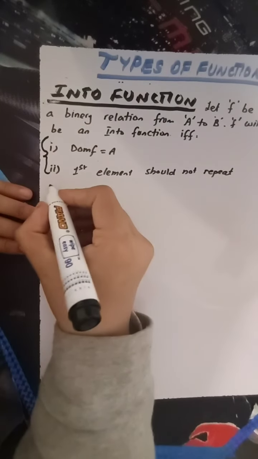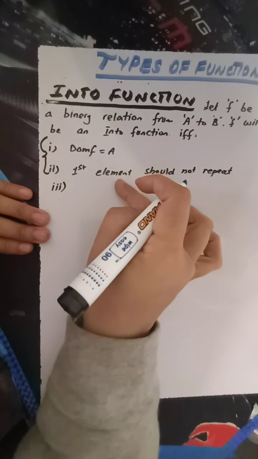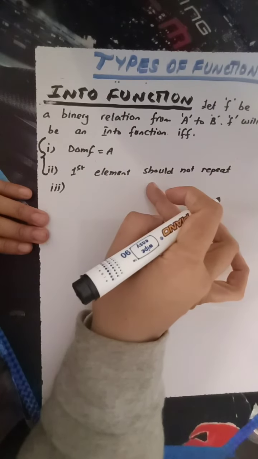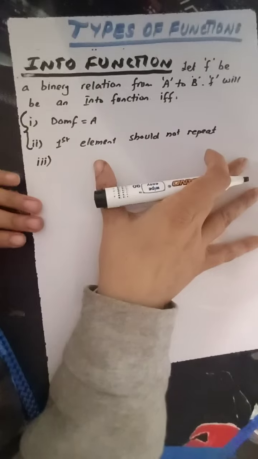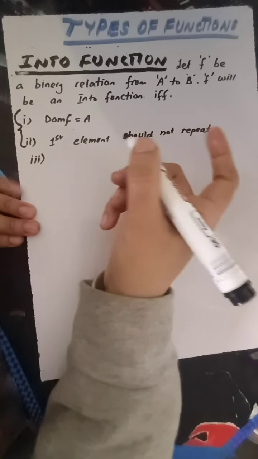The third condition will determine the type of the function. These two conditions are included in all the definitions of the types of function. But the third condition will actually determine whether the given function is into, onto, or one-one.